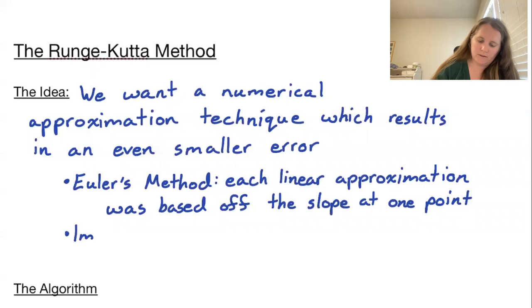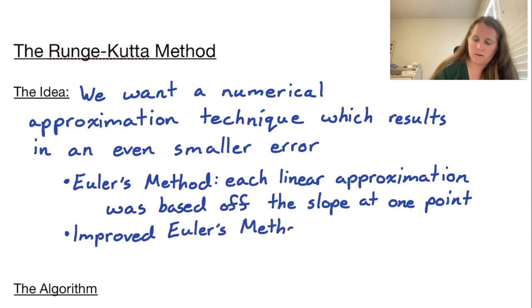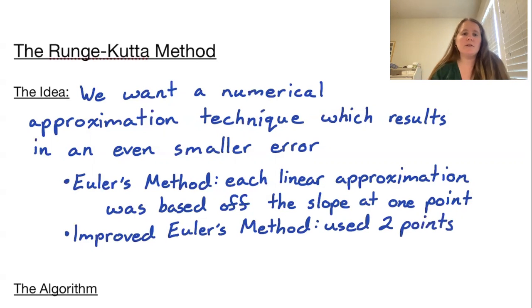Improved Euler's method, we used 2 points. And for Runge-Kutta, we're actually going to use 4 points.